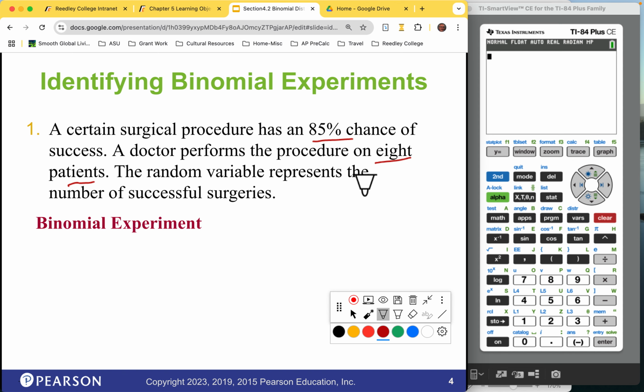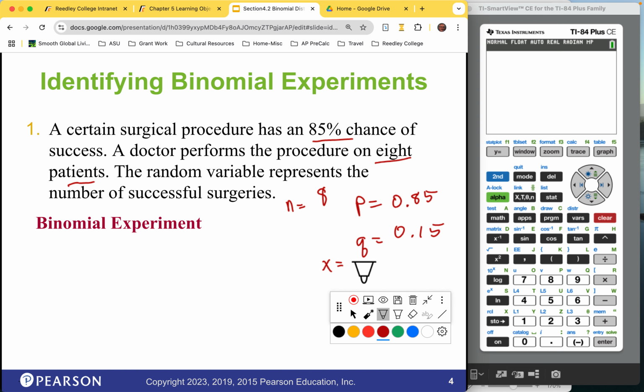What would be the value for n? How many trials? 8, right? They did it 8 times, so 8 people. What would be the value for p? 85%, or 0.85. We'll be using the decimal version. What would be the value for q? 15, the complement, right? Good. And then what would be the values that we could put in for x? X is our random variable.